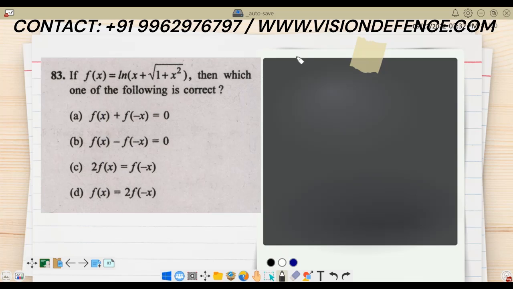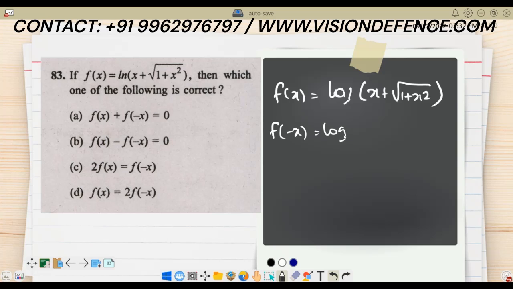If f of x is equal to log of x plus root of 1 plus x square, which one of the following is correct? So f of x is equal to log of x plus root of 1 plus x square. Actually, we can check it one by one. So let's check what is f of minus x. f of minus x will be log of minus x plus root of 1 plus, again it's going to be x square. So I think both are not the same.